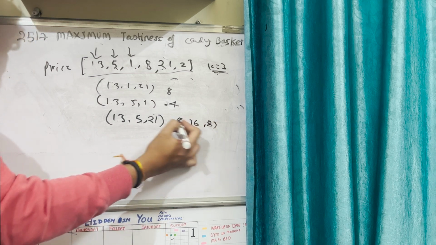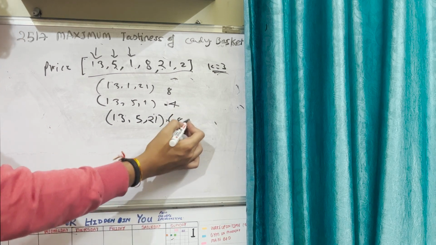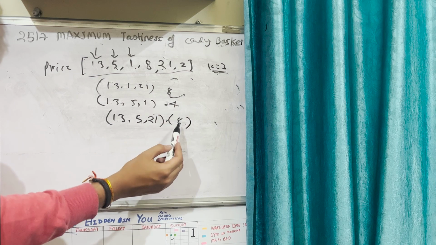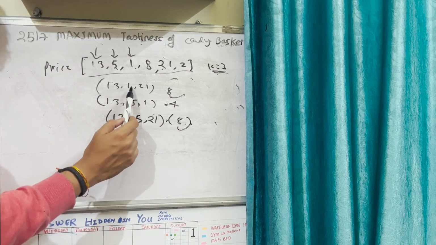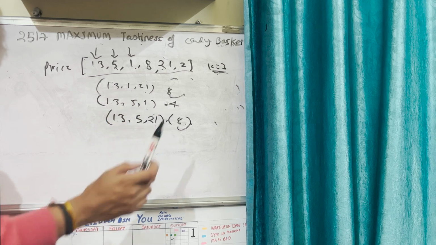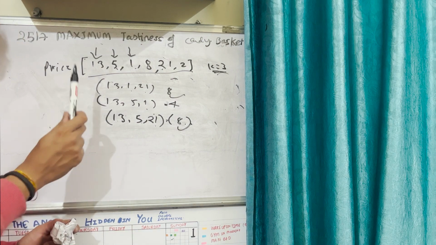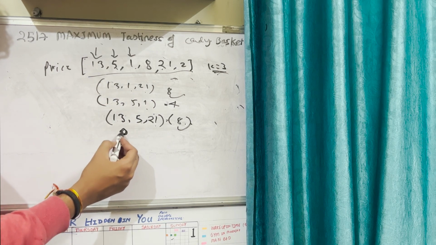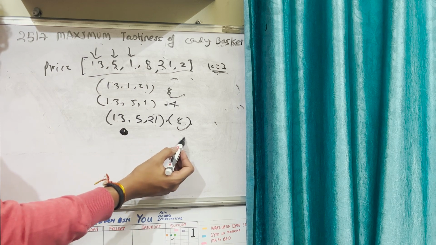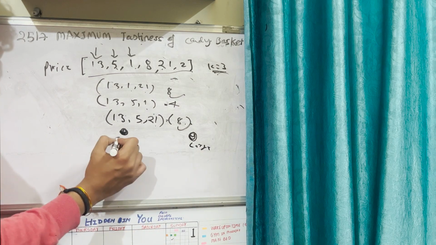So this minimum will return you 8. Now if you see, all the answers that are giving you 8 contain a minimum value and a maximum value. Or the other thing that I can explain, if you have to maximize the tastiness, you must have a candy which is very small in price, or very, very large.